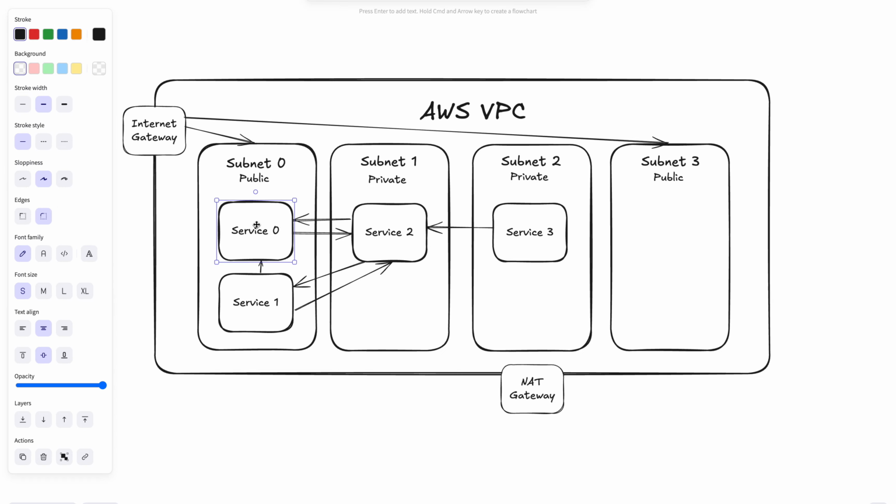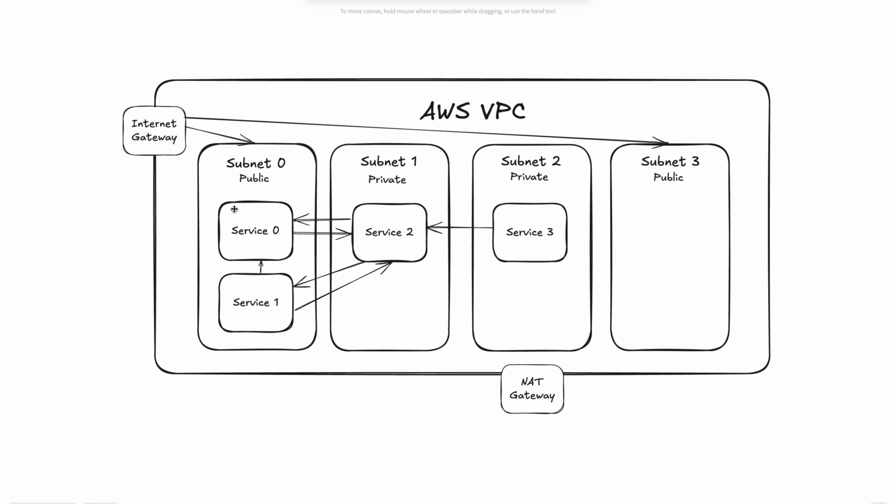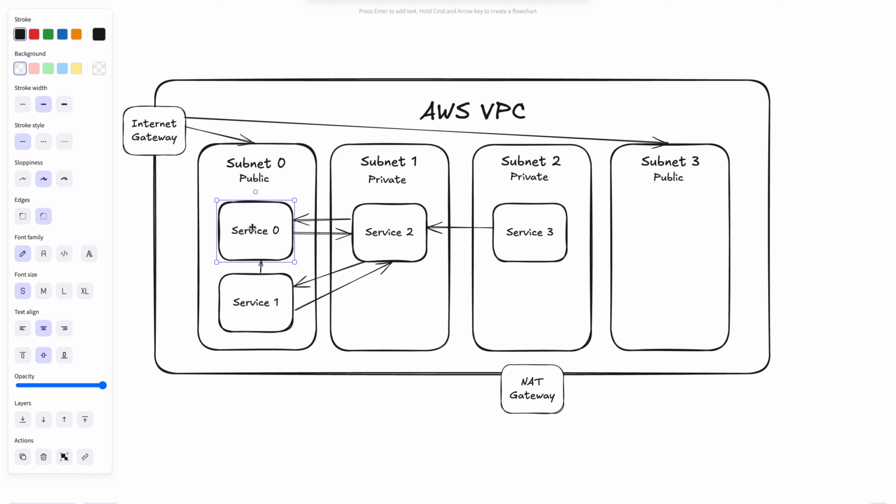So when service 0 accesses the internet, it uses the internet gateway, and the source of the request will always be the IP address of service 0, right? Because every request has a source IP address and a target IP address. Like if you visit a website in your browser, you can just do an IP check.